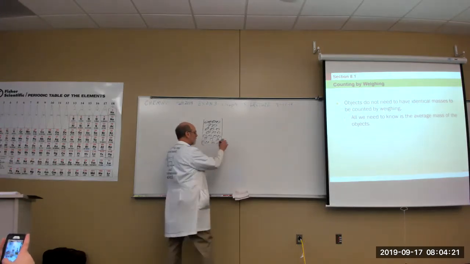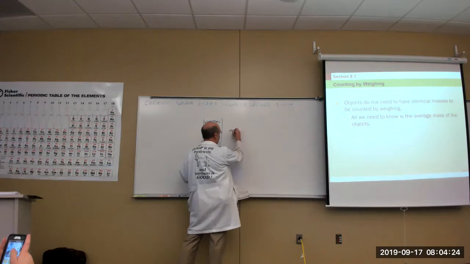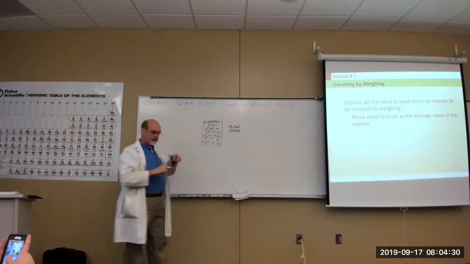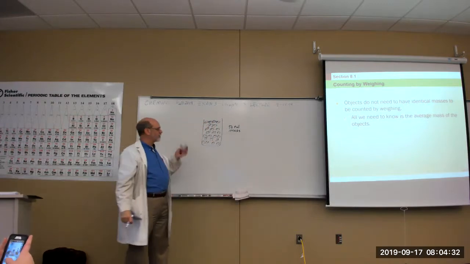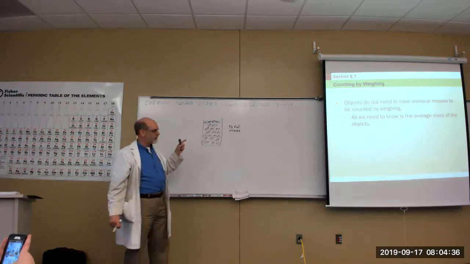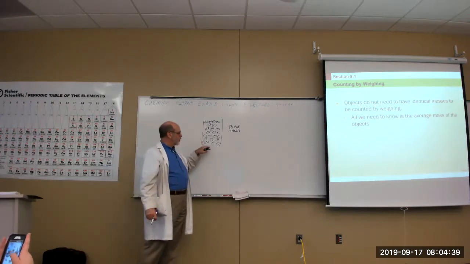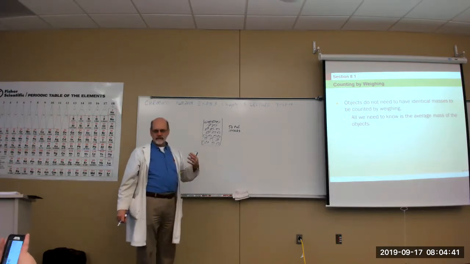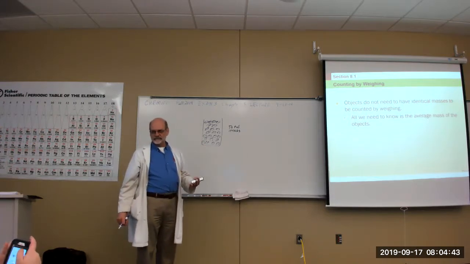If you weigh that thing, you'll get a mass for the total. Okay. So you know the total mass, but you want to find out how many of those things are in there. So in order to do that, you need to know an average mass for each one.